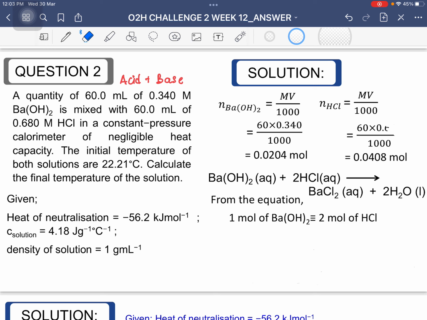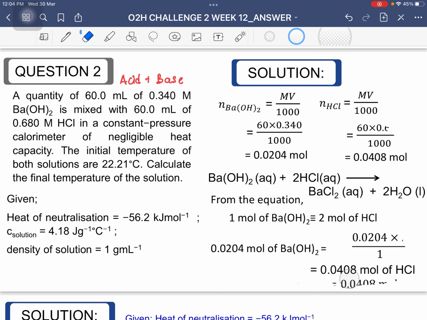Okay, sekarang kita nak tahu berapa mole water form. But since the mole of HCl and barium hydroxide tak sama, kita kena cari limiting reactant dululah. Okay, so 1 mole of 0.024 mole of barium hydroxide will require 0.0408 mole of HCl.